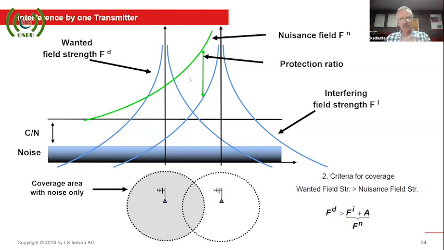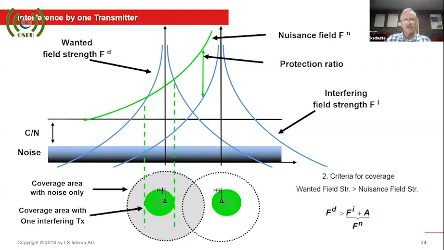So the resultant curve that you will then draw for your interference will affect this transmitter. And then you can see what actually happened if you introduce that transmitter. It actually reduces the coverage of the wanted transmitter to a fraction of the whole area that you actually want coverage in.